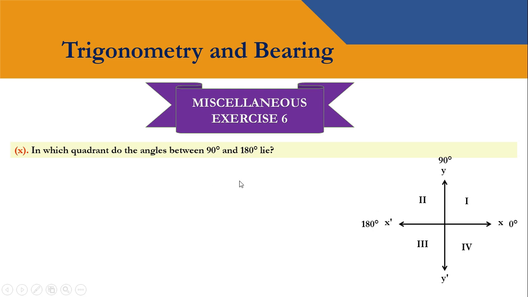So obviously our option is the second quadrant, while in the third quadrant the angle is from 180 to 270, and in the fourth from 270 to 360. So our correct option is the B option. The second quadrant is our right option.